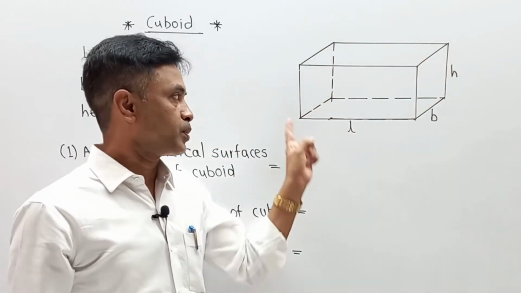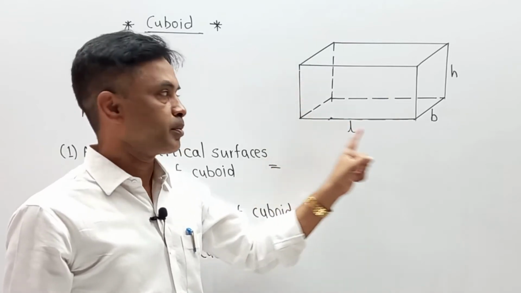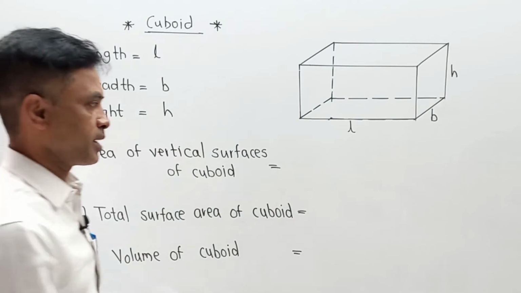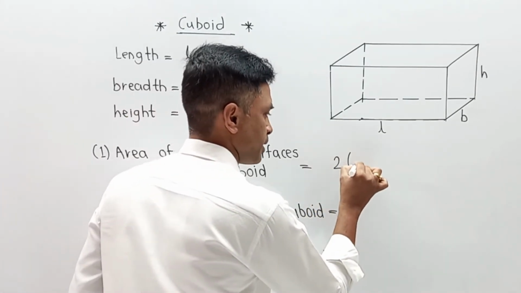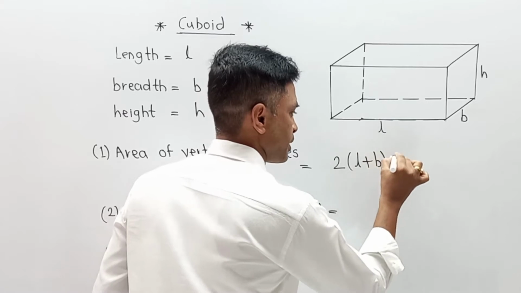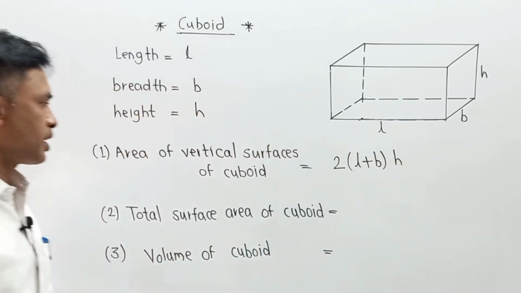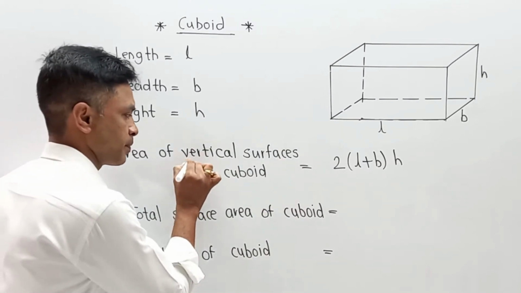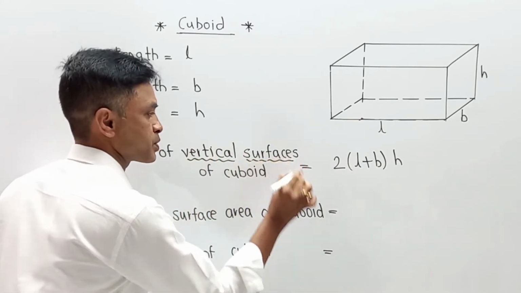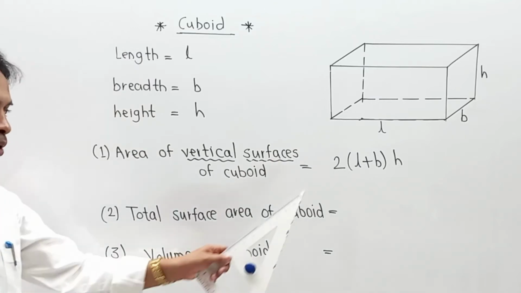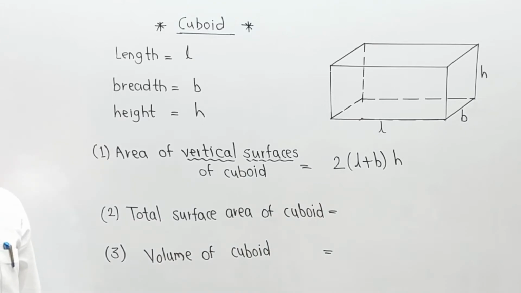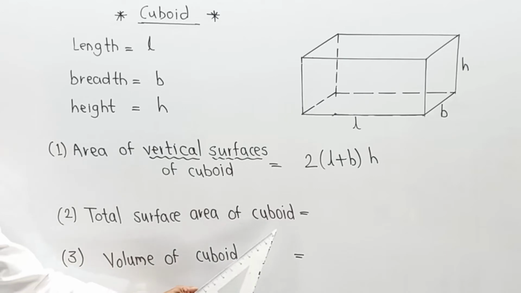It becomes 2 times length into height plus 2 times breadth into height. Commonly this formula is written as 2 into bracket L plus B into H, and this is called the area of vertical surfaces of a cuboid. Remember it very carefully: the formula is 2(L plus B) into H. Now, coming to the next formula, the total surface area of a cuboid.